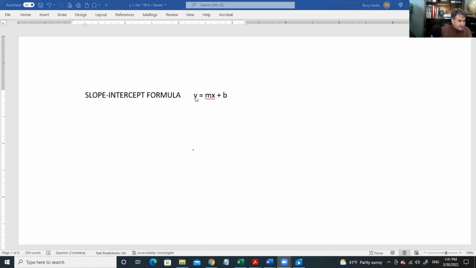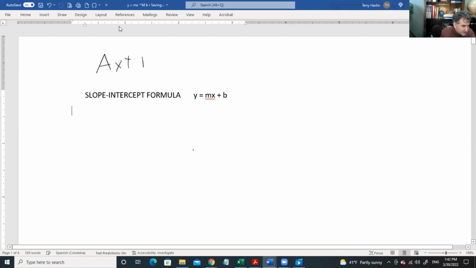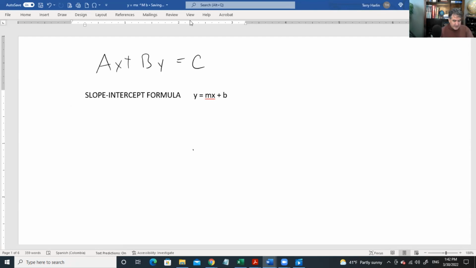The formula I am talking about is the slope intercept formula, also known as y equals mx plus b. Let's talk about what this means. This is the linear equation, and there are 2 formulas that appear on every SAT: ax plus by equals c, or y equals mx plus b.